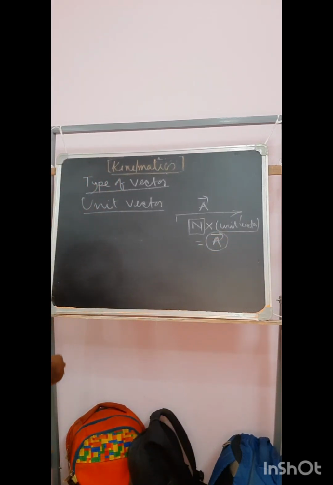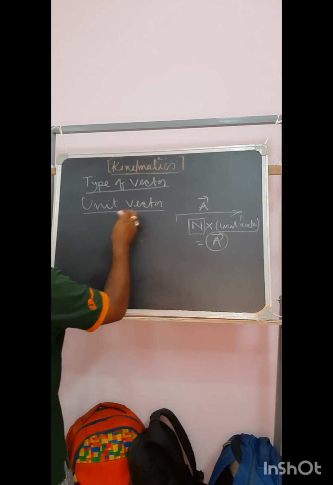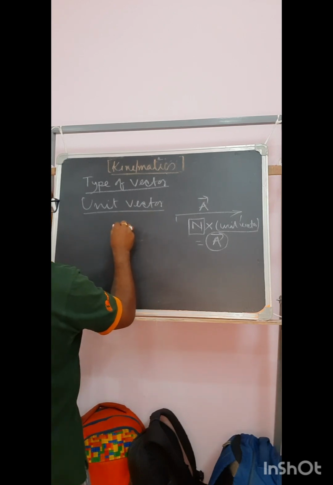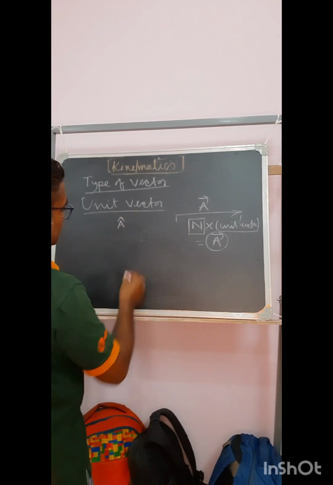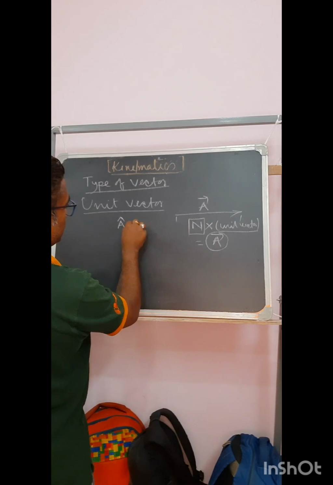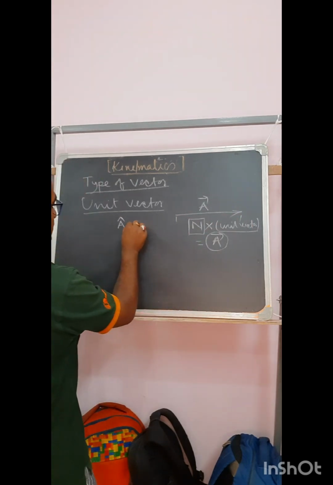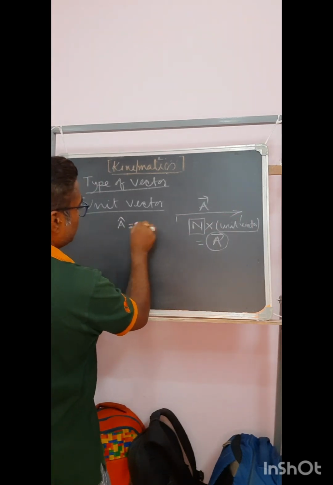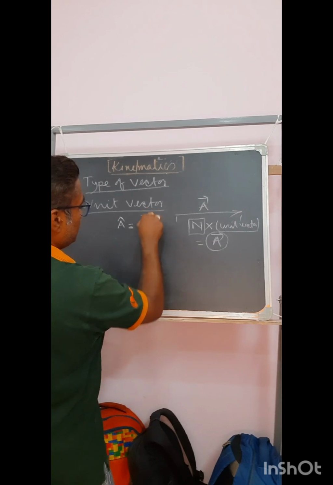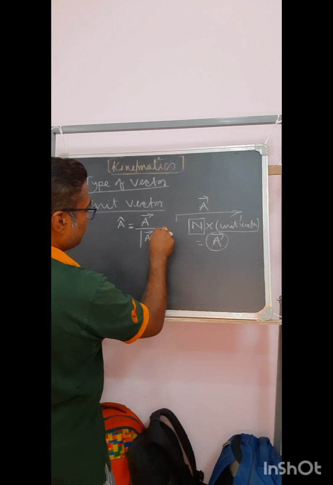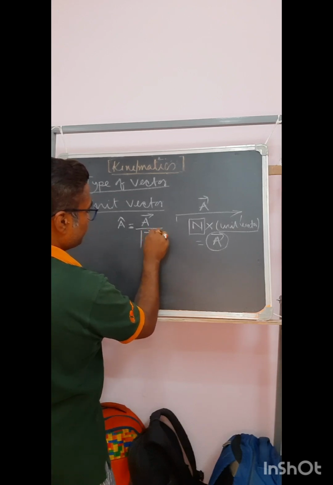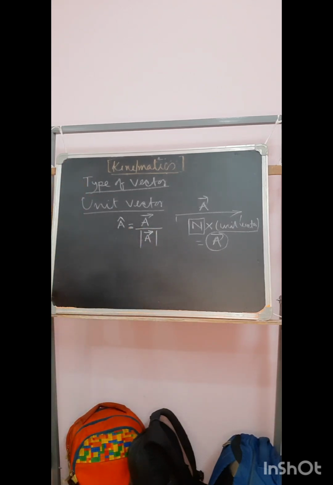How is the unit vector denoted? The unit vector is denoted by, let's say, a cap. If I assume it is a unit vector along vector a, it can be calculated by taking vector a as a whole and dividing by its numeric value, the mod of vector a.